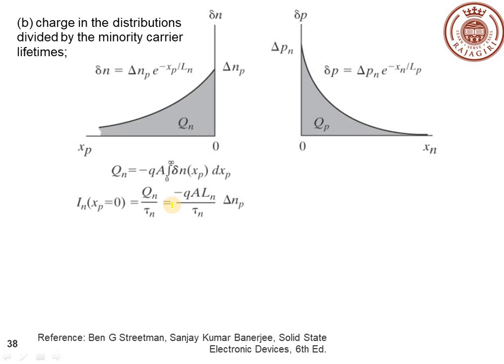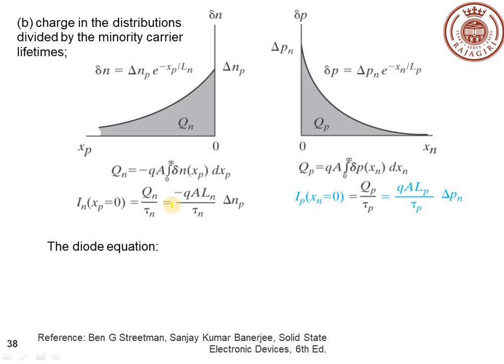So Qn will be minus q into A into the integral from 0 to infinity of the carrier distribution delta N of Xp dXp. Then In at Xp equals 0 you can find by Qn by tau. Qp you can find by qA into the integral of delta P of Xn. Then Ip at Xn equals 0 you can find by Qp by tau. The diode equation again by summing these two, I equal to Ip at Xn0 minus In at Xp0. Then we will get the same equation.